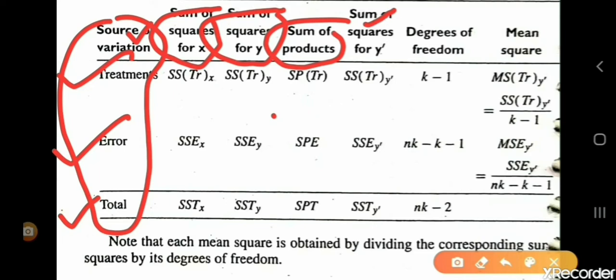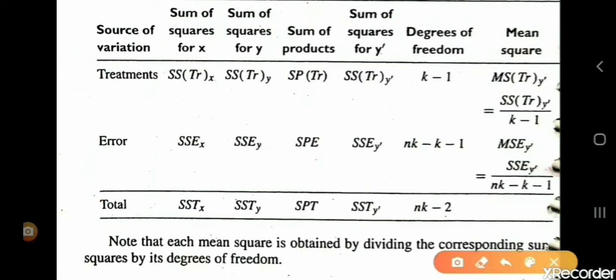And their respective degrees of freedom, then mean sum of square. So we will calculate treatment sum of square for x, for y, product, and adjusted.